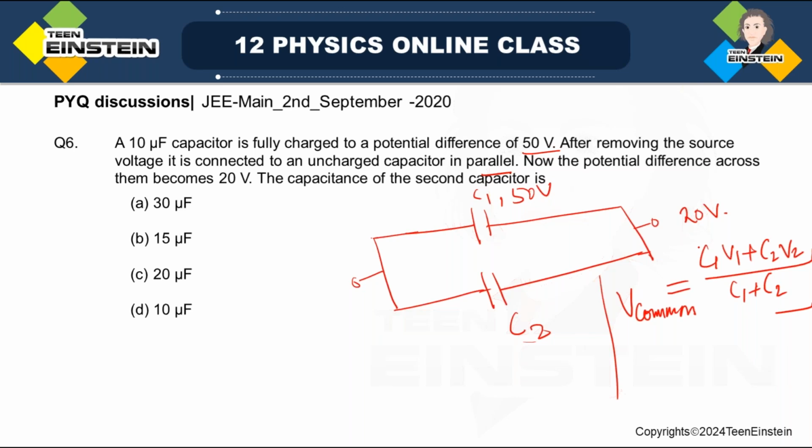Okay, so here let us say this is C1 and C2, initially it had zero voltage, so this is zero.